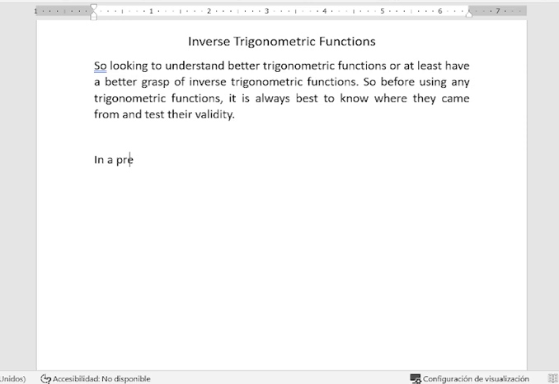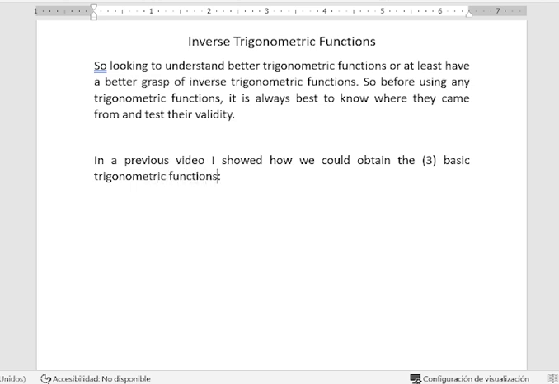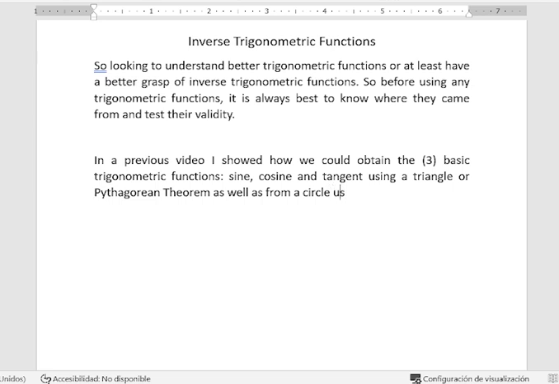So in a previous video, I showed how we could obtain the three basic trigonometric functions, which are sine, cosine, and tangent, using a triangle or Pythagorean theorem, as well as from a circle using pi, which is 22/7, or approximately 3.14.